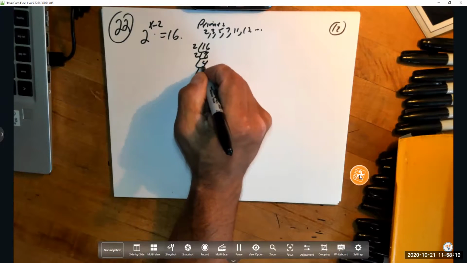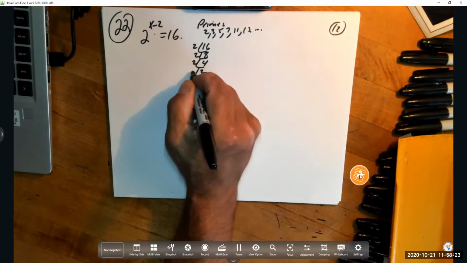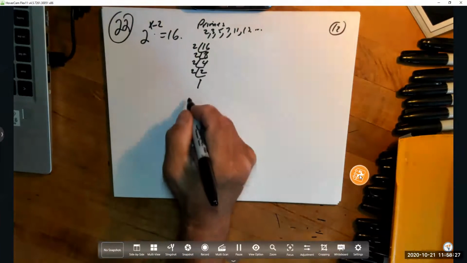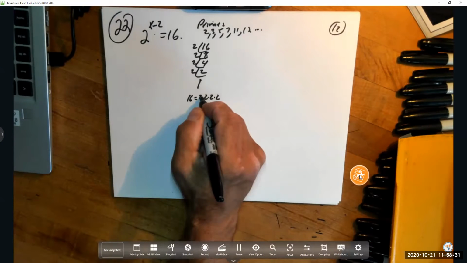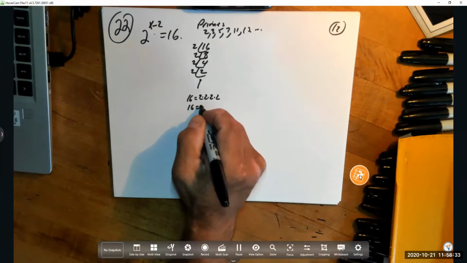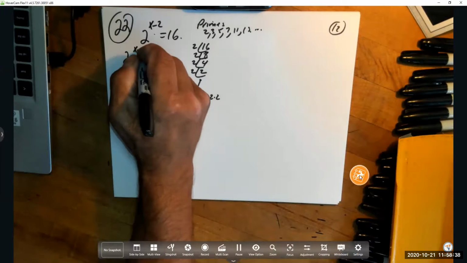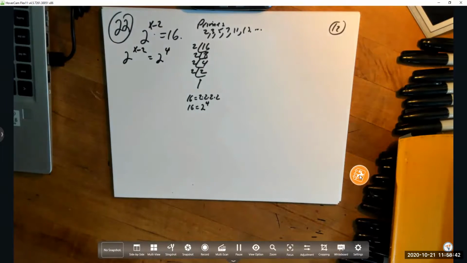And does 2 divide 4? 2. And 2 divides 2? 1. So it looks like 16 is 1, 2, 3, 4, or 16 is 2 to the power of 4. So 2 to the x minus 2 equals 2 to the power of 4. Does that make sense? Yes.